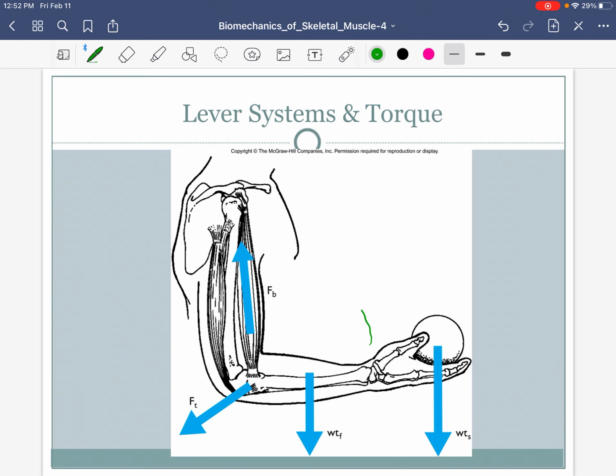This person's trying to bring this arm up. The job of the muscle, in this case, the biceps brachii, is to counteract all the other forces to allow this motion to occur. In order for this muscle, when it contracts, to pull up the forearm, the force of the biceps brachii must be greater than the torque created by the elbow.